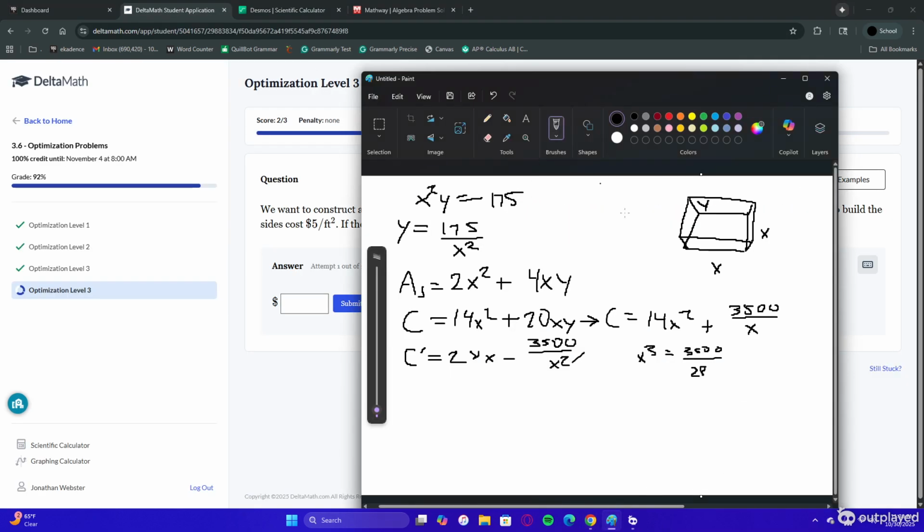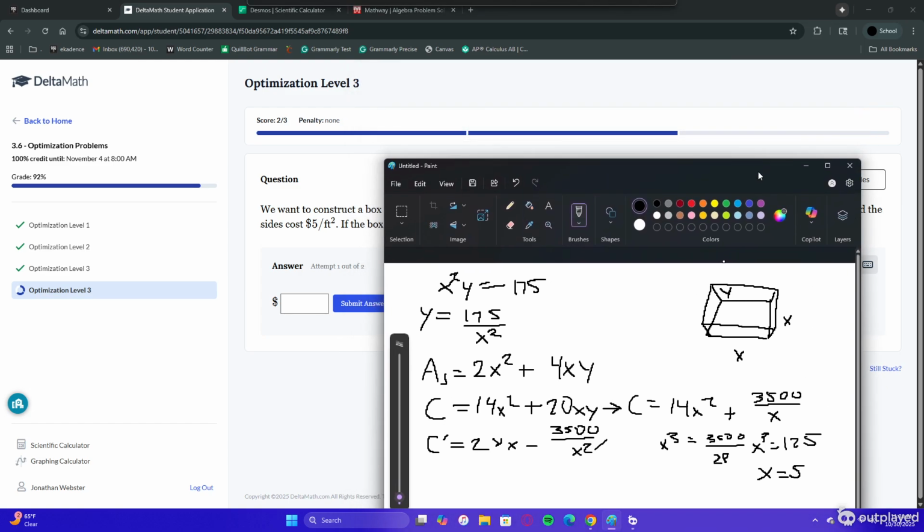So x to the third equals 125, and the cube root of 125 should just be 5. So x is going to be 5.